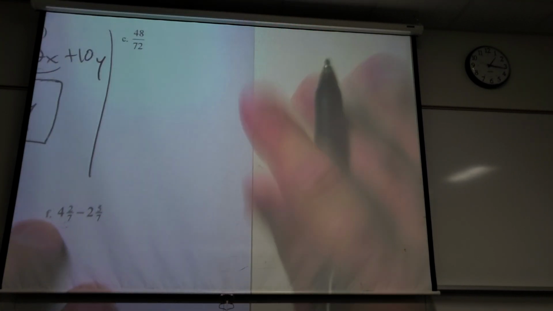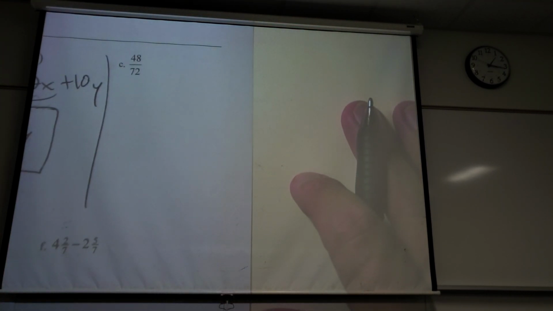What's up with part C? Isn't that reducing? Now, real quick, this is not going to work every single time, but this is something I kind of automatically do as a math person. How far apart are 48 and 72? By 2s? No. How far apart?